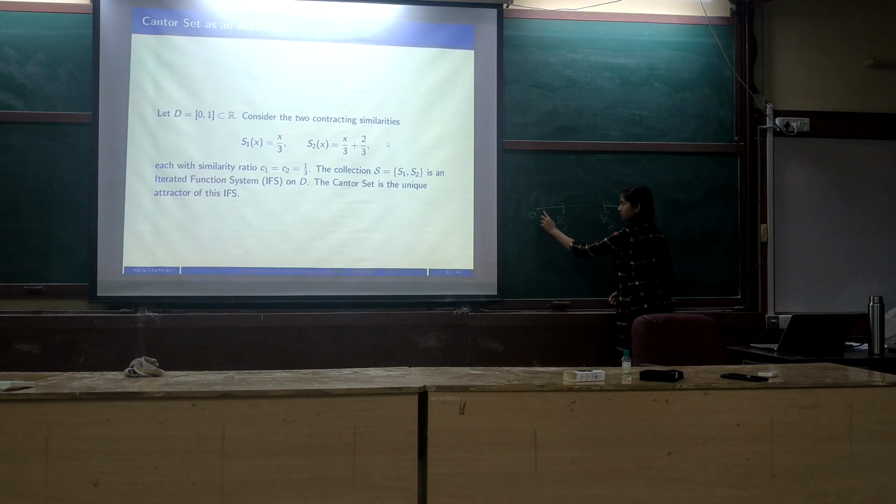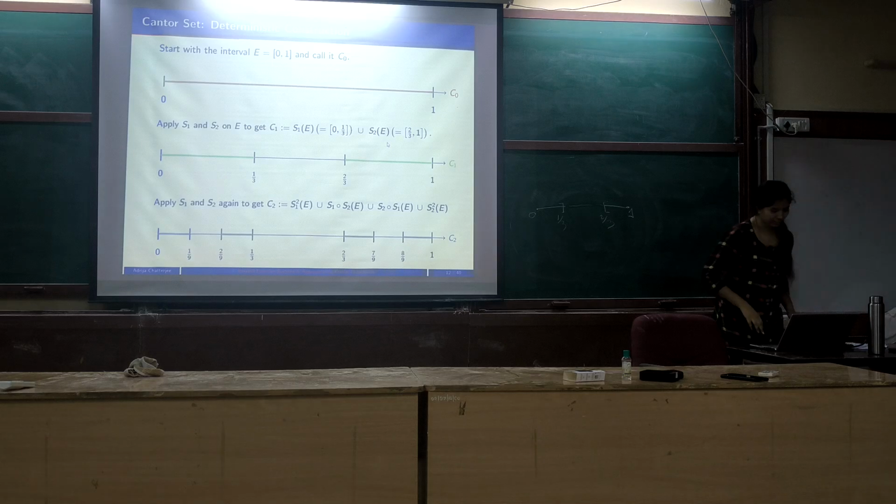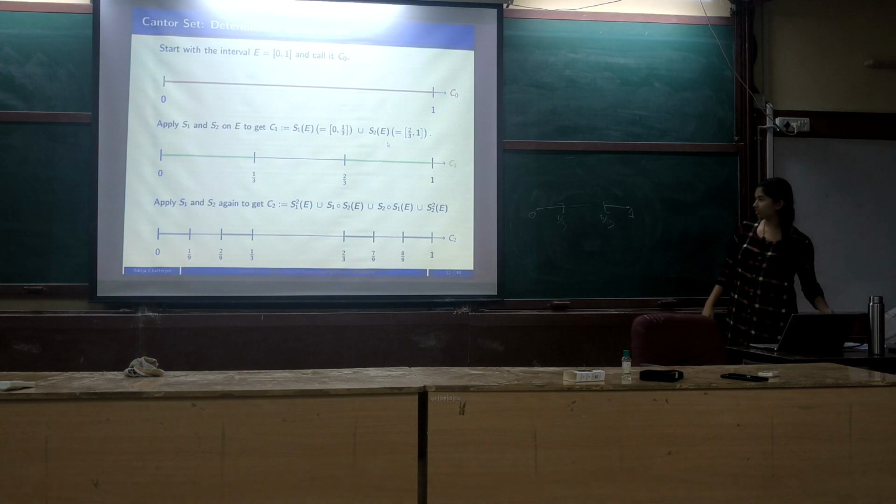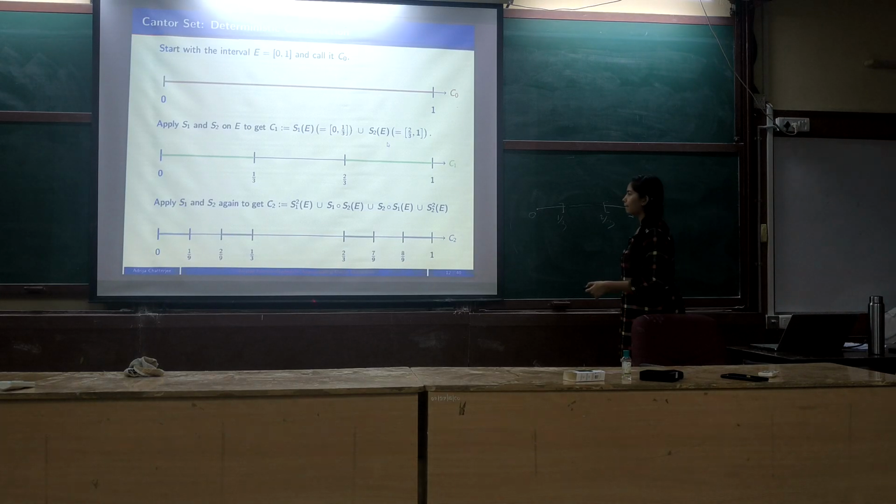So here you will apply, actually I have it drawn here. So here you will apply x by 3. So your [0, 1/3] will first become [0, 1/9]. Then your [0, 1/3] will first shorten to [0, 1/9], and then it will shift by 2 by 3 to give you [2/3, 7/9].